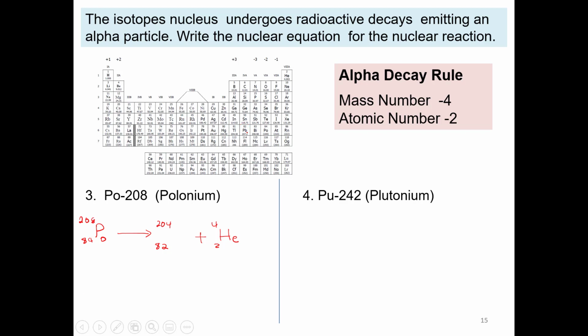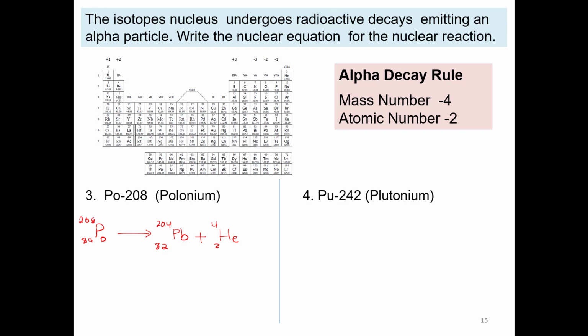Then the polonium, to be more stable, decays into a lead isotope. Yes, lead. And this is the equation for polonium if it emits an alpha particle.